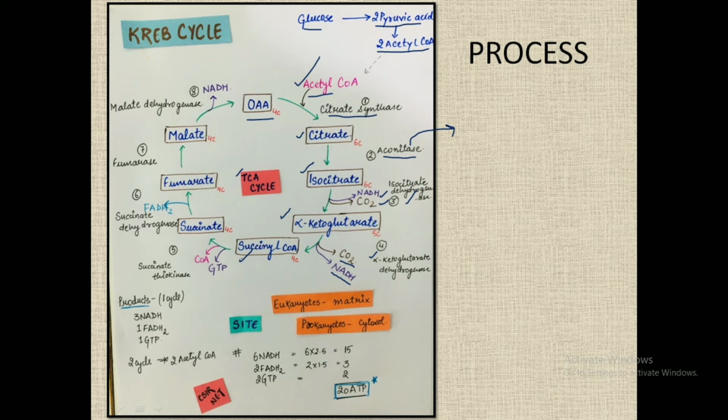After the formation of succinyl coenzyme A, it gets converted into succinate with elimination of the coenzyme A, which is recycled again for the formation of acetyl coenzyme A by a separate pathway. And along with that, we have the formation of GTP, which is an alternate form of ATP.